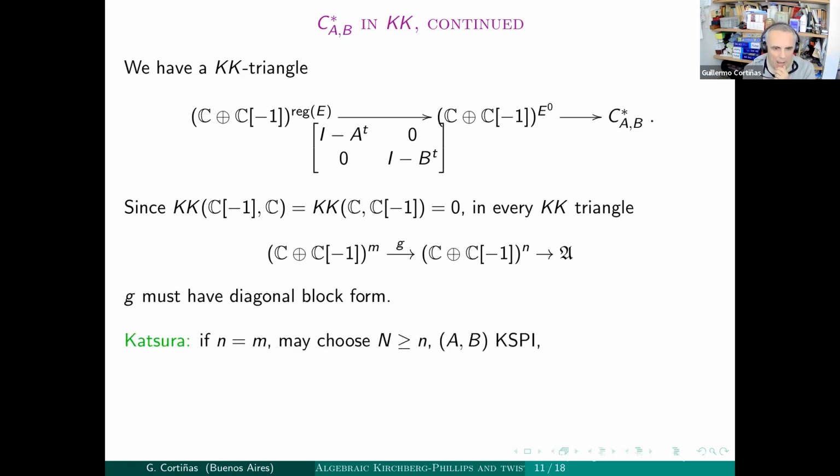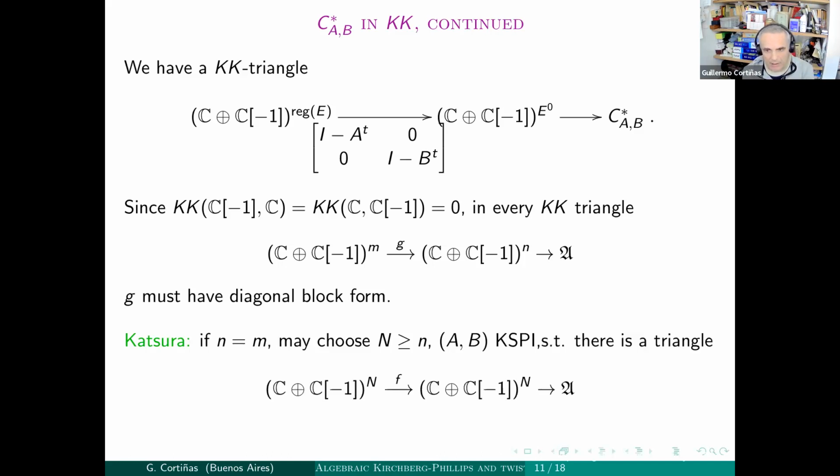What Katsura does is show that if N and M in the triangle above are equal, then it is possible to choose a larger N and a pair of Katsura SPI matrices of size big N, such that there is a triangle with the same A we had before, and such that F is as before.